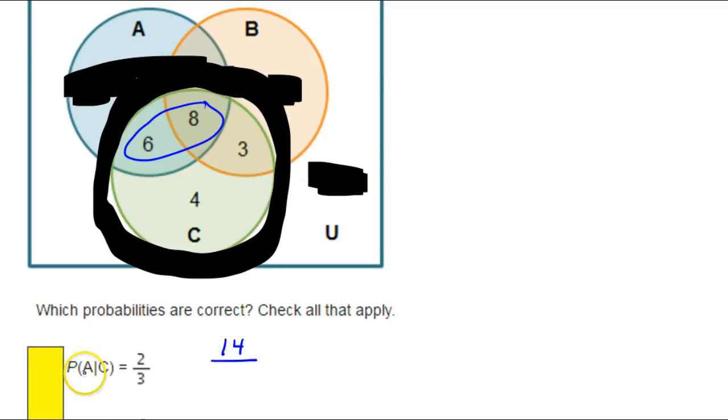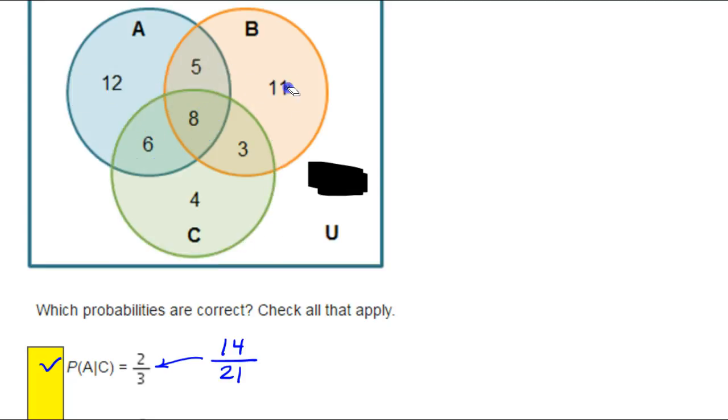So it's 14 A's out of a total of 21. So the probability of A in this universe is 14 out of 21. That does reduce down to 2/3, so that is true. Okay, so reset.